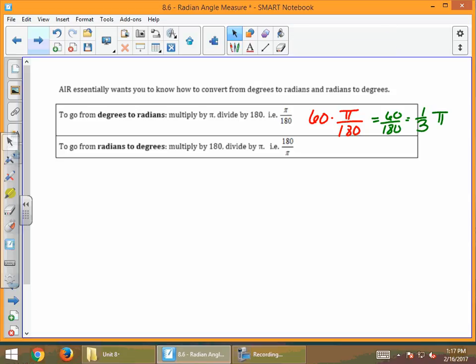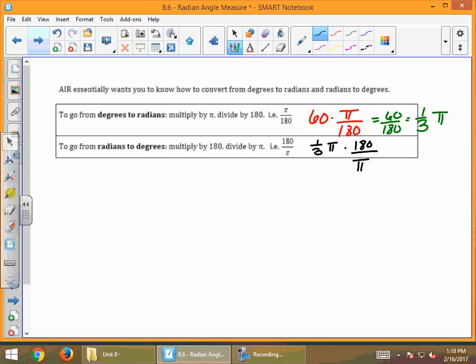Okay? What if we're given the radian measure? So let's say on the front we were given, hey, here's 1/3 pi radians. We want to know how many degrees is that? Oh, you just flip-flop it. Flip it. Multiply by 180 over pi. It's really nice when you do this, because you notice there's a pi at the bottom. Actually, there's a pi in the top. What happens to those pi's?